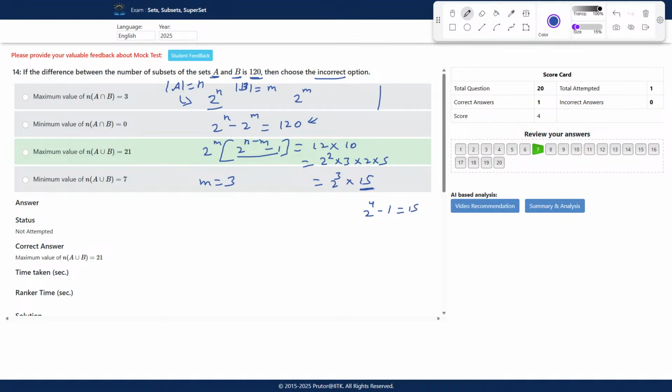Very simple how we wrote this, or how we took 2 raised to power m common. Please observe this equation: is it clear or not? First of all, n is some natural number, agree or not? Both n and m belong to the natural numbers, or not?